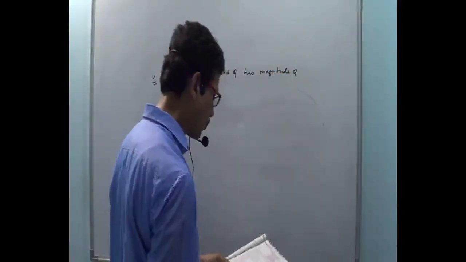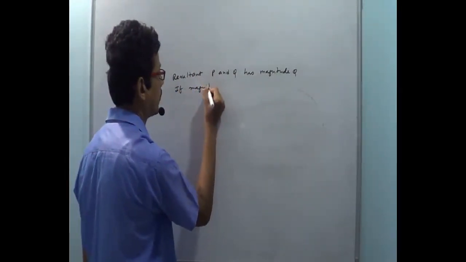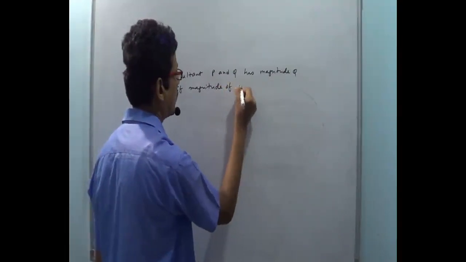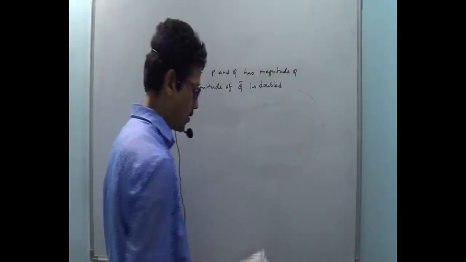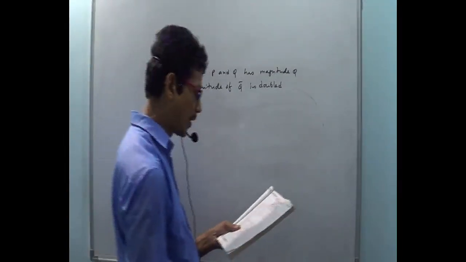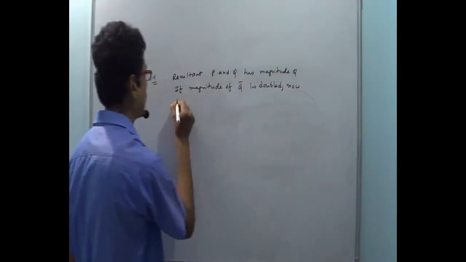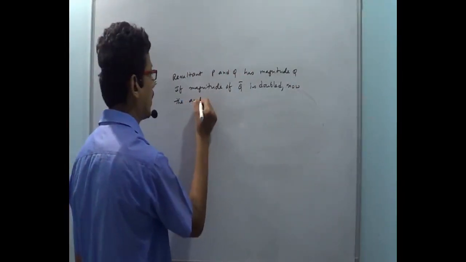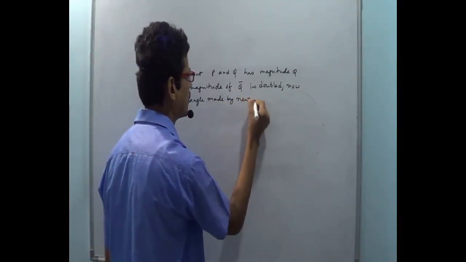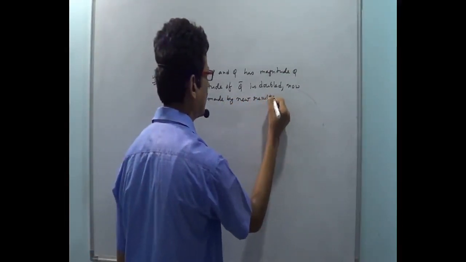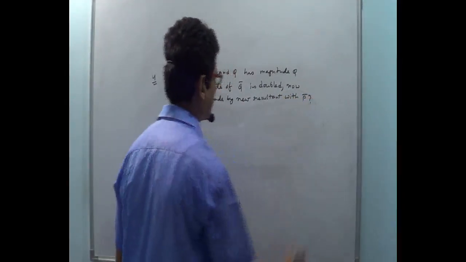If the magnitude of q bar is doubled, now the angle made by the new resultant with p bar, that is the question.